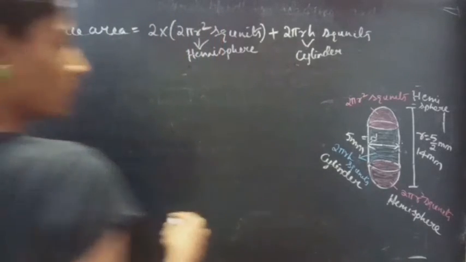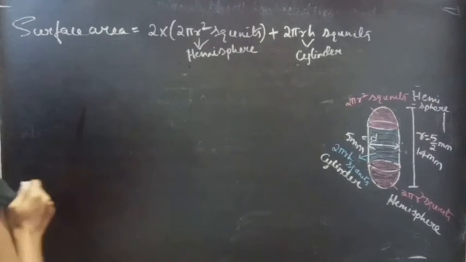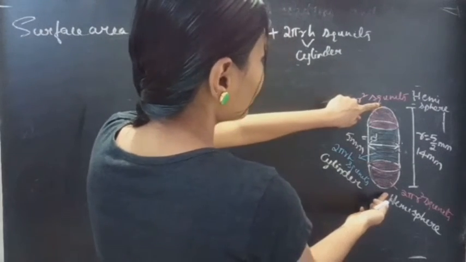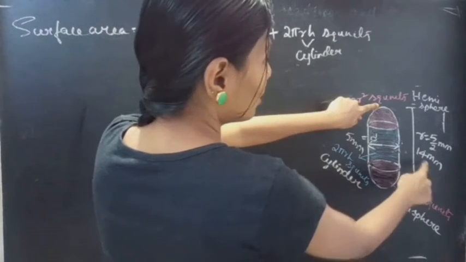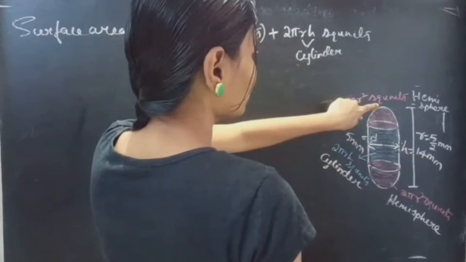So we are going to find the values of r and h. We have the total height of the capsule is 14 mm, right?